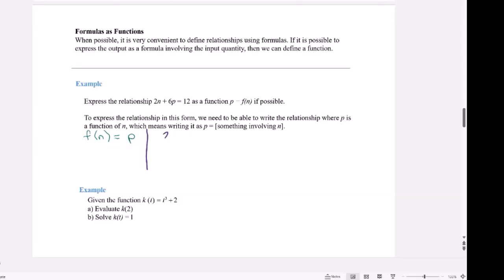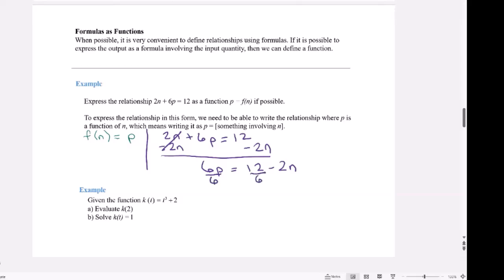We start with 2n plus 6p equals 12. Then we're going to subtract 2n from both sides. This cancels, and we end with 6p equals 12 minus 2n. But we want to find p equals, so we're going to divide both sides by 6.